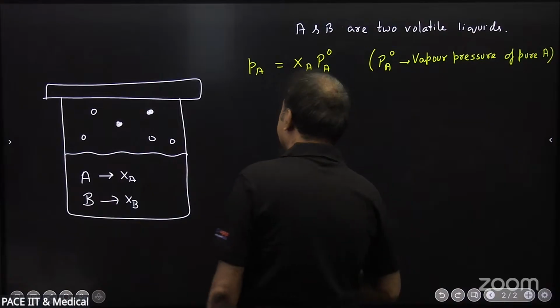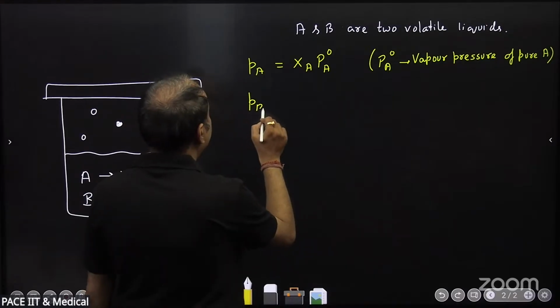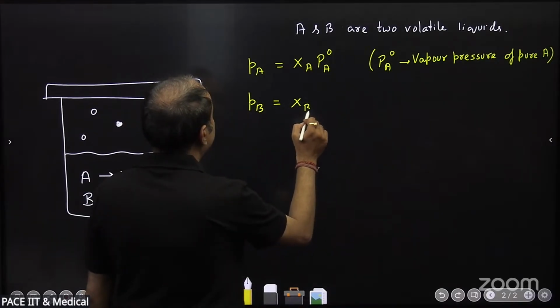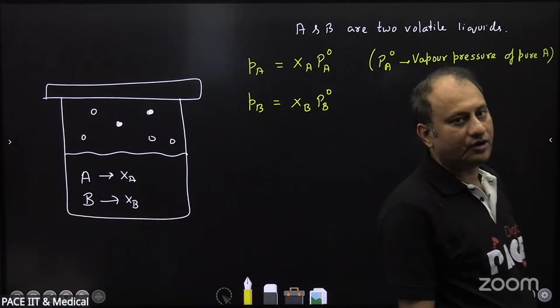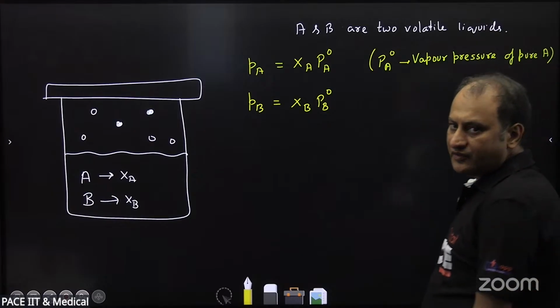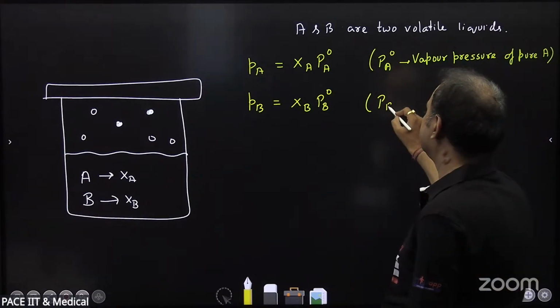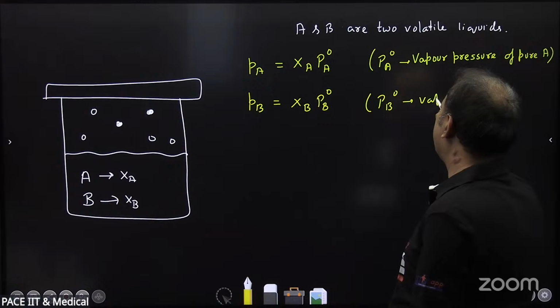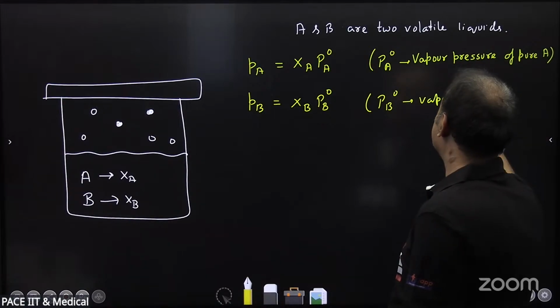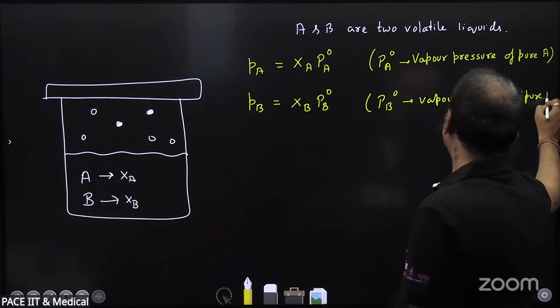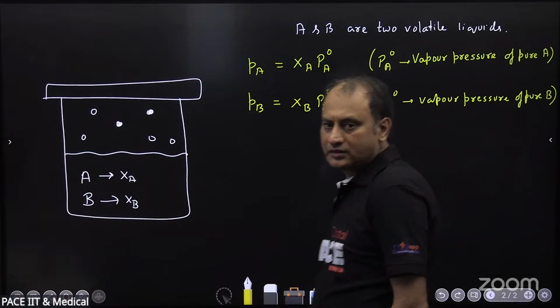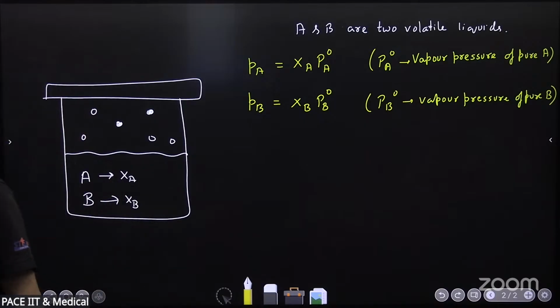And similarly, partial pressure of B will be given as XB PB0, where PB0 is vapor pressure of pure B. So these will be partial pressures of A and B above this solution.